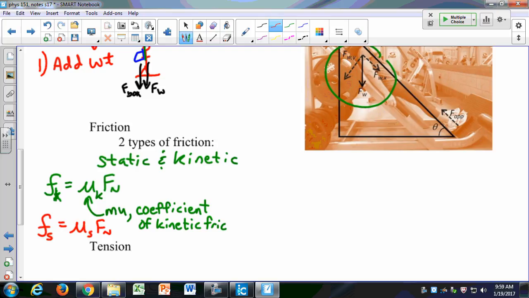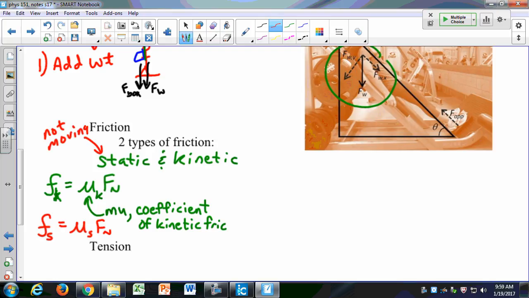Static friction means that there are two objects coming together. You know, friction occurs when you have two objects that are moving with respect to one another or when they touch one another. Static friction means that the two objects are doing what? Or not doing what, rather? Not moving.